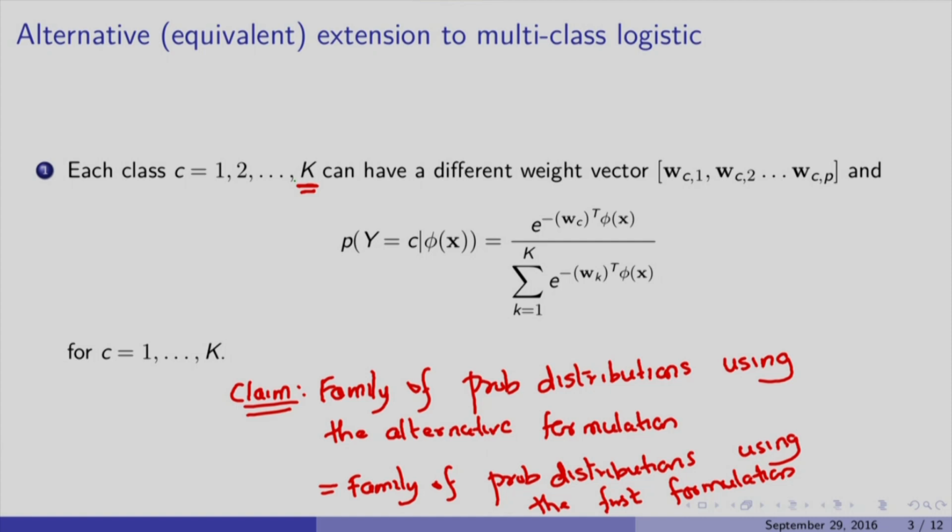Now one will have to prove this both ways. I have already shown that the family of probability distributions using the first formulation is a special case, an instance of the family of probability distributions using the alternative formulation.